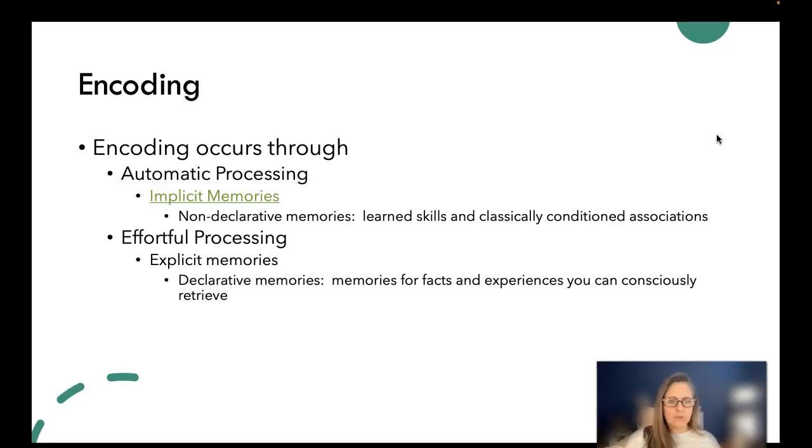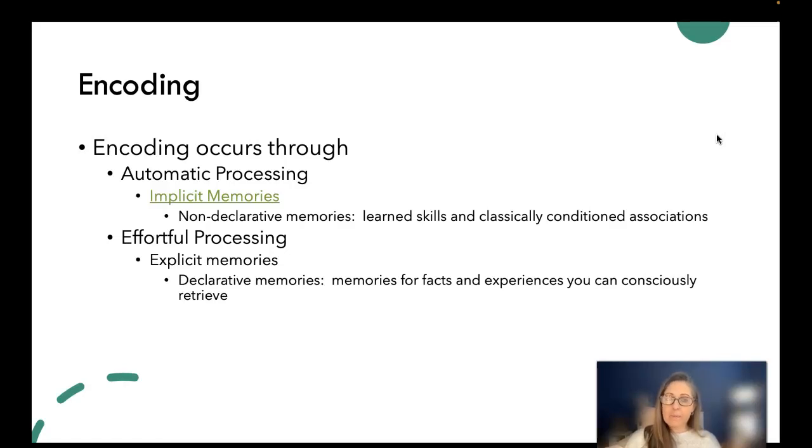Do I have to move my legs in a certain way? Are there certain things that I have to do? It's something that just happens automatically, that just happens naturally. And then those classically conditioned responses that we talked about in talking about learning, those are also considered implicit memories because they happen automatically.